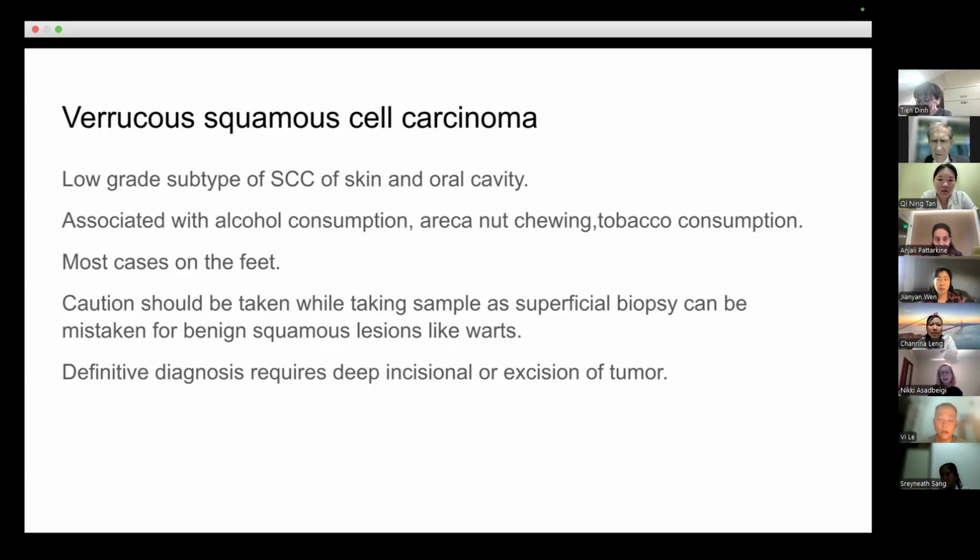Yes, with most of these lesions, when they take it out, there are two things they're thinking about. Either they're thinking about condyloma, so they want to take it out, and for condyloma they try to take most of it, they don't go for the margin, but they try to take the entire thing.